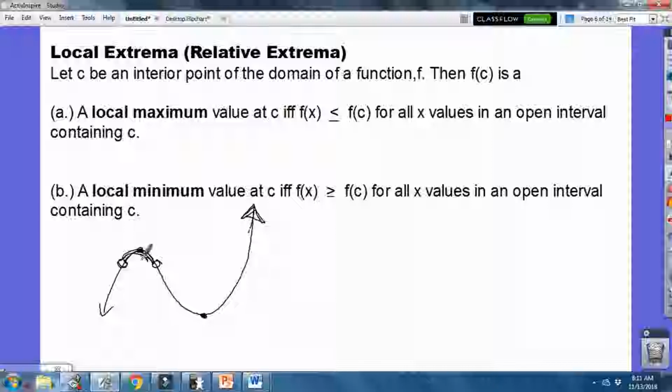It doesn't matter how small your interval is. It's pretty easy to see that I have a wide range of intervals. But even if I just say from here to here, this point is the minimum. Okay, that's all the definition of a local max or min is. That's the formal definition with calculus. All you have to really look for is bumps. If you see a bump, it's probably a max or a min.